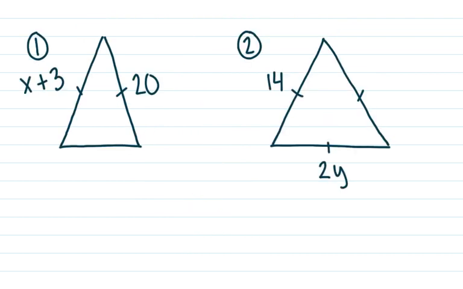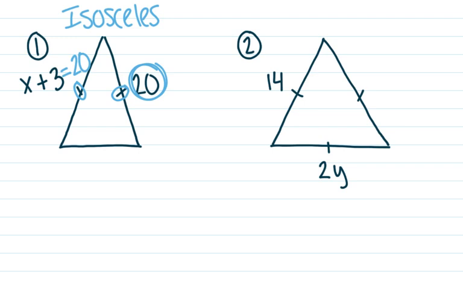Here in number 1, I see two tick marks. That tells me that I have an isosceles triangle, which means that if this side right here is 20, this side also is supposed to equal 20. And that gives me an equation I can solve. X plus 3 is supposed to equal 20. Since I have that equation, how do I undo what's happening to X?